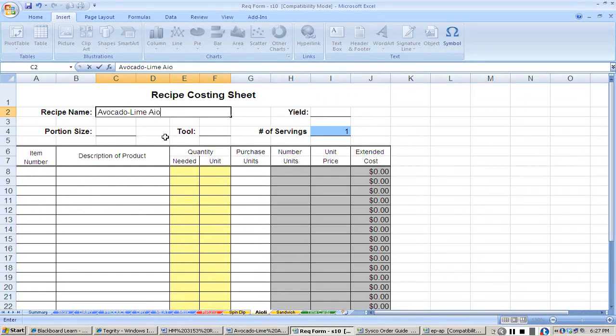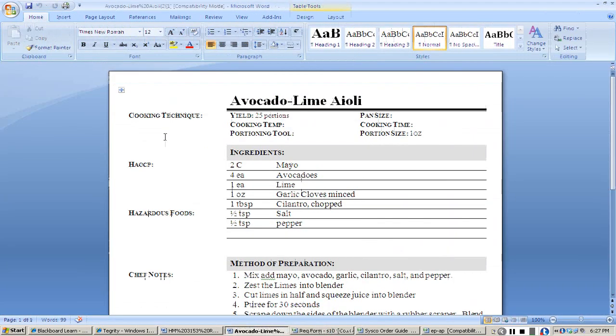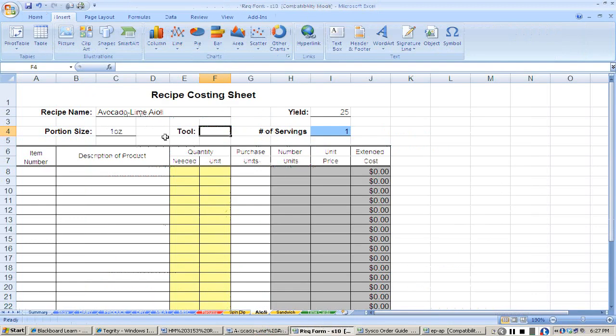Alright, the yield is 25. Portion size is 1 ounce. Tool, we don't have one, we'll call it a 1 ounce ladle. And number of servings is 25. Alright, so the first one is mayo.